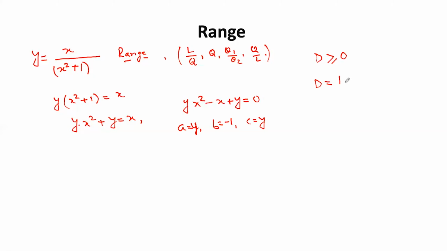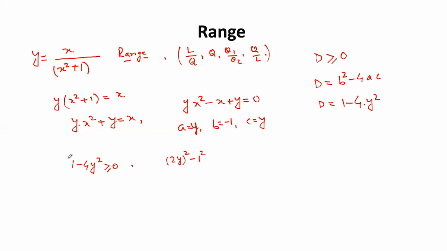The discriminant is nothing but b square minus 4ac. So this discriminant in this case will be b square, 1, minus 4ac, 4 y square. So now I have to solve 1 minus 4y square must be greater than or equal to 0, or we can rewrite this as (2y) the whole square minus 1 square.